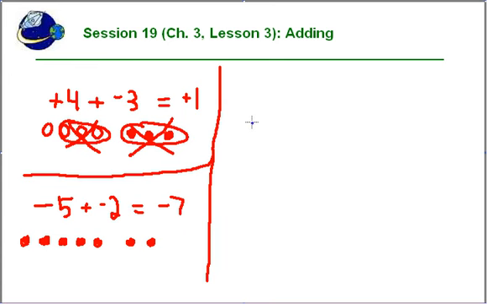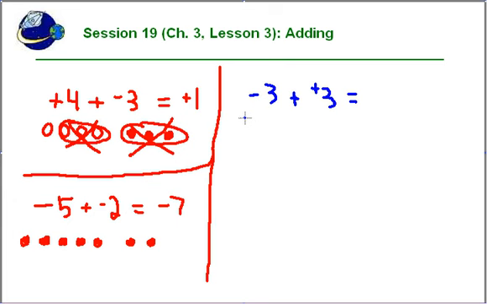To illustrate the next point, I've erased what was over on the right-hand side of the screen here. But let's take a look at one last example numerically. What if we had minus 3 plus a plus 3? What's that going to equal?